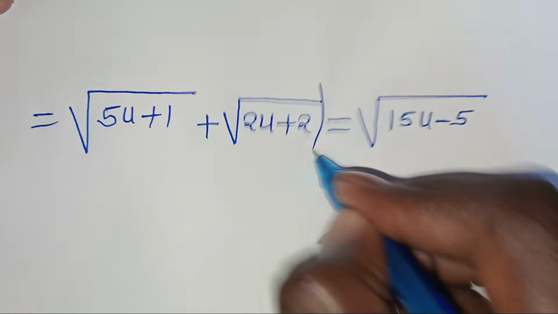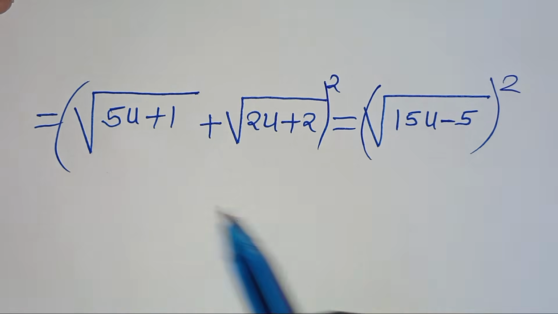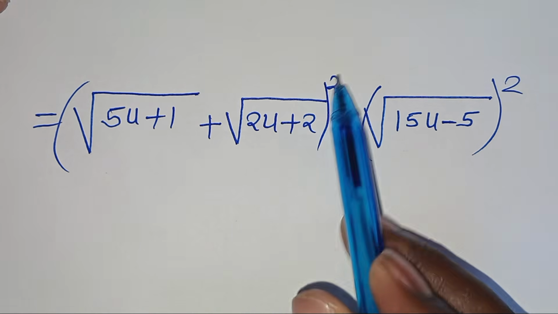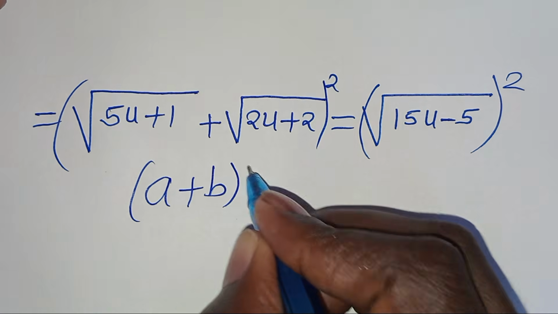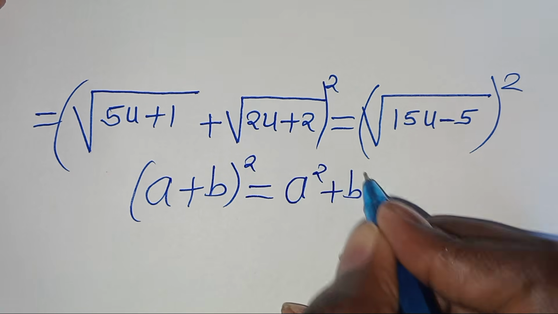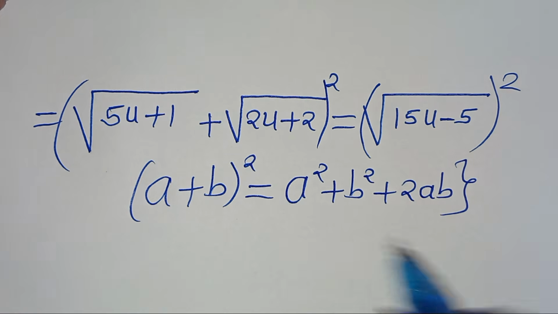Now the next step is to square both sides, so that now we have the square root of 5u plus 1 plus the square root of 2u plus 2, raised to the power of 2. This is in the form of (a plus b) raised to the power of 2, which you can express as a squared plus b squared plus 2ab.